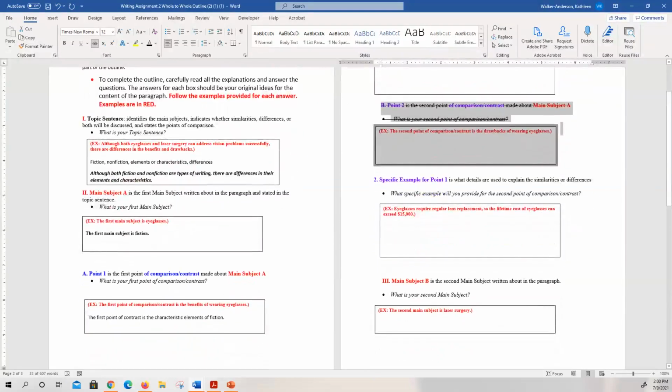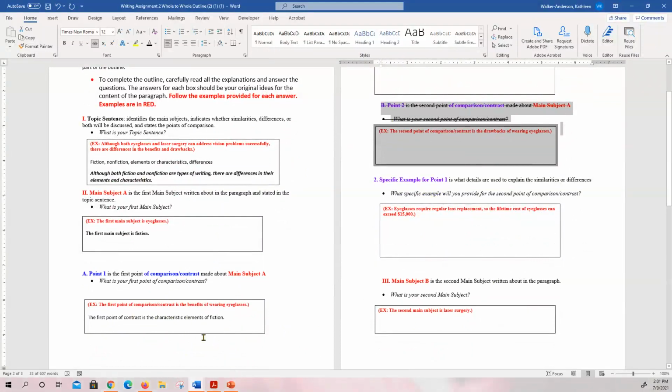Now, what I want to make sure and point out to you is, we'll come back and do these specific examples in a minute, and you can jump around in the outline just like I'm doing. What I want to do now is fill out my information for main subject B so that I fill it out the same, because your points of comparison or contrast have to be the same for both subjects or topics.